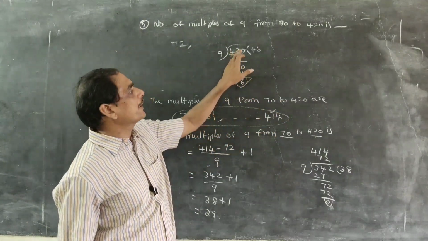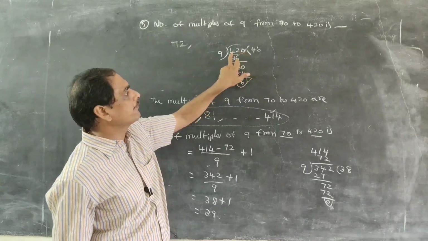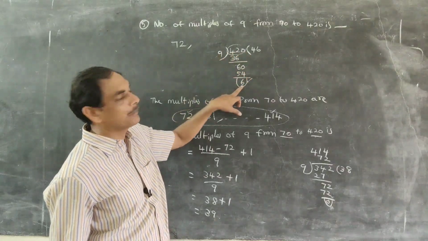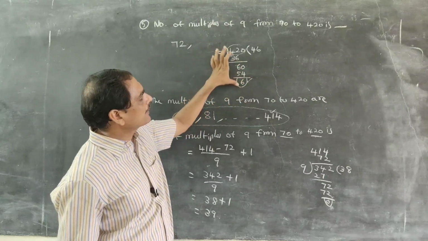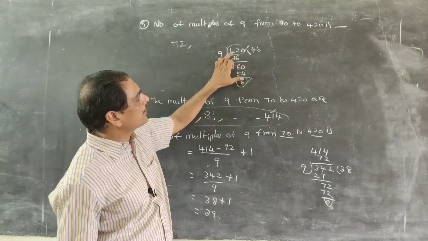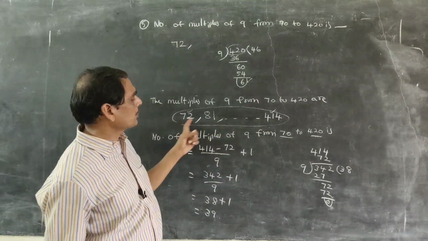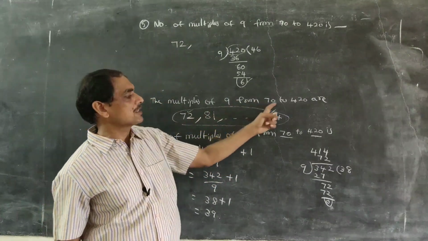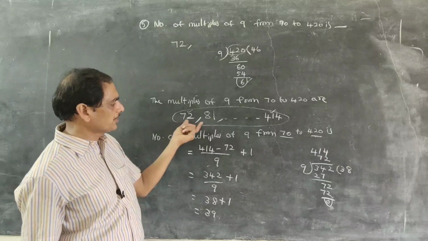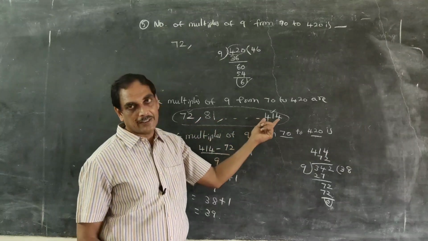The multiple of 9 before 420: we divide 420 by 9, we get remainder 6. So we subtract 6 from 420 and get 414. So the multiples of 9 from 70 to 420 are 72, 81 and so on up to 414.